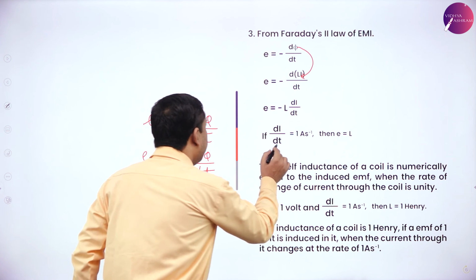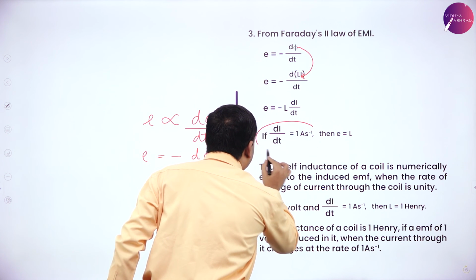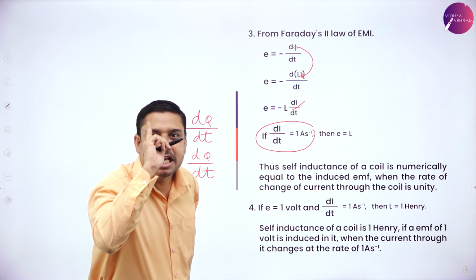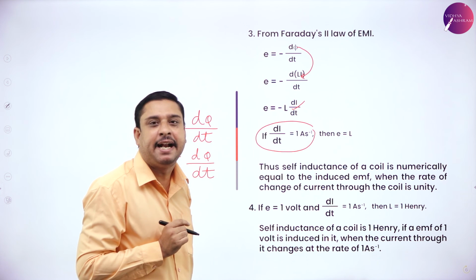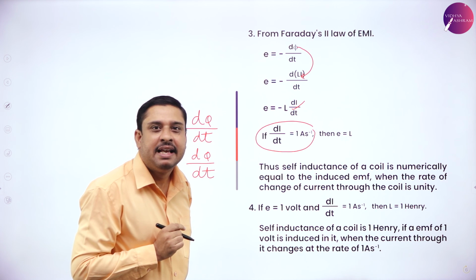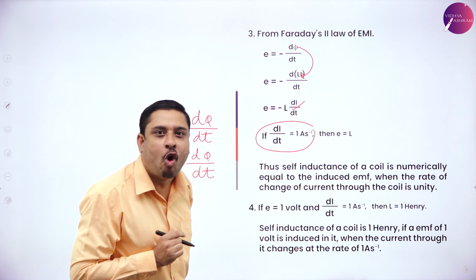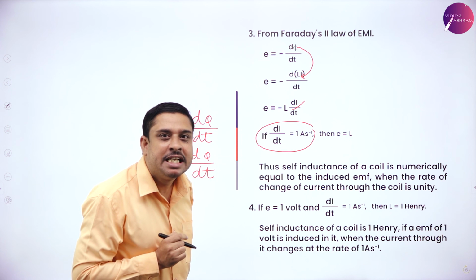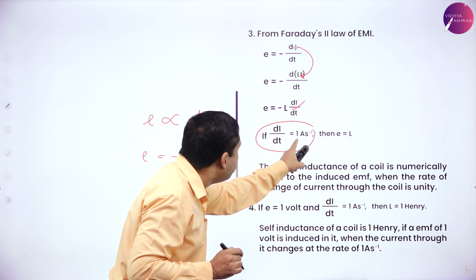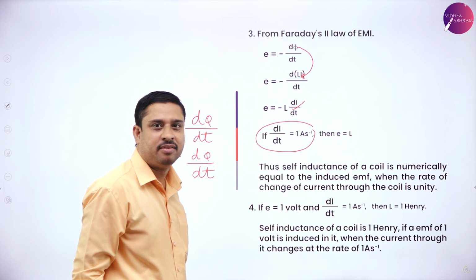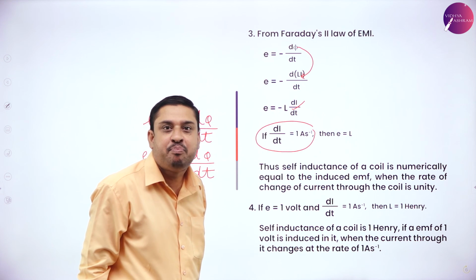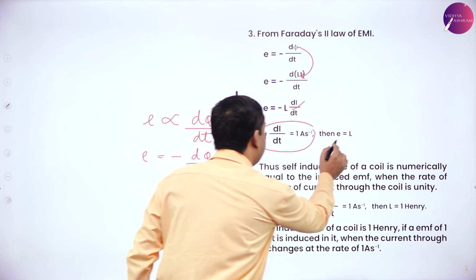Now, if this di by dt is 1 ampere per second, I assume the current flowing through the coil changes at the rate of 1 ampere per second. di by dt is 1 ampere per second.